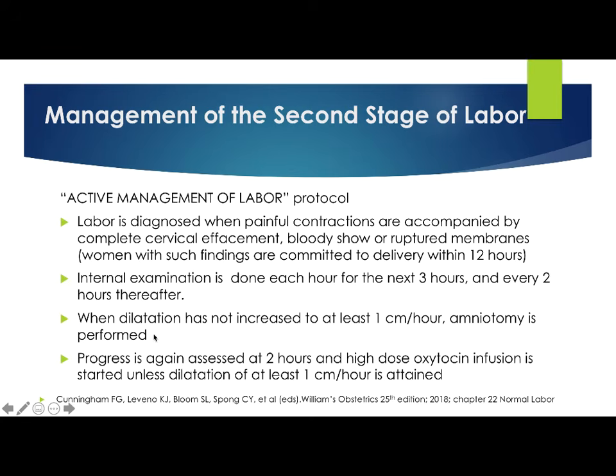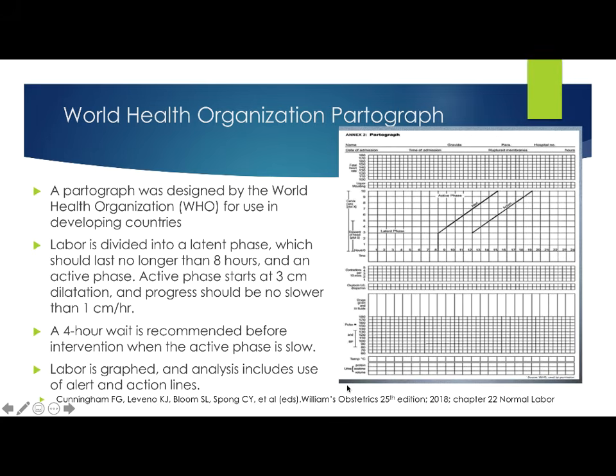When dilatation has not increased to at least 1 centimeter per hour, then they do amniotomy. Progress is assessed again 2 hours after amniotomy, and high-dose oxytocin infusion is started unless dilatation of at least 1 centimeter per hour is achieved.